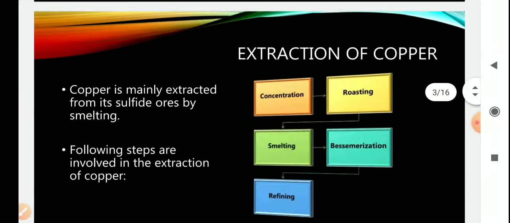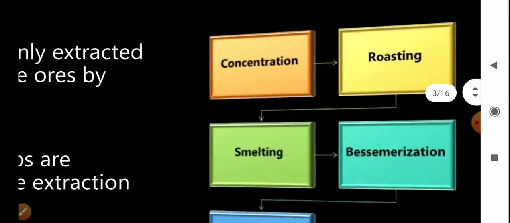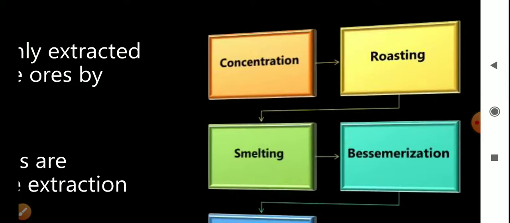Now if we make a roadmap of the extraction of copper, it will be like this. First you take the ore of copper, then you follow the first step, that is concentration of the ore. Then roasting. You know the meaning of roasting. Then smelting. You have already known the process of smelting.